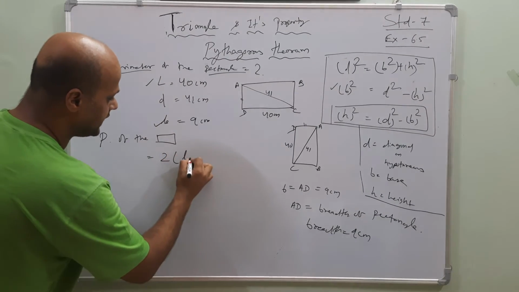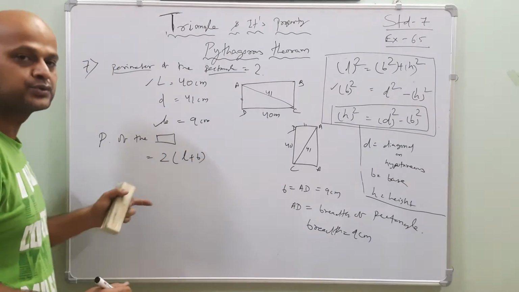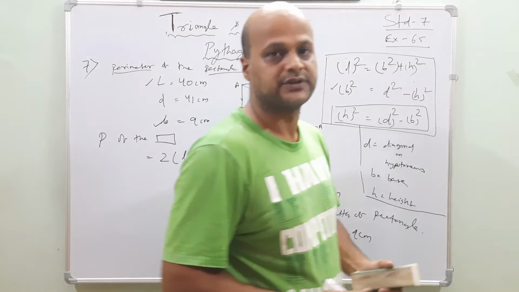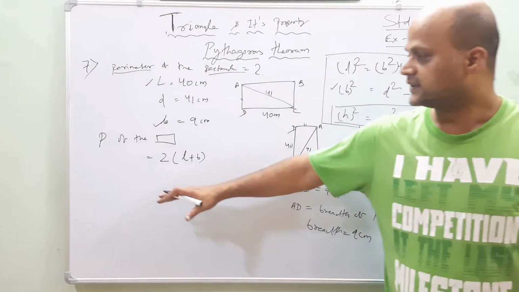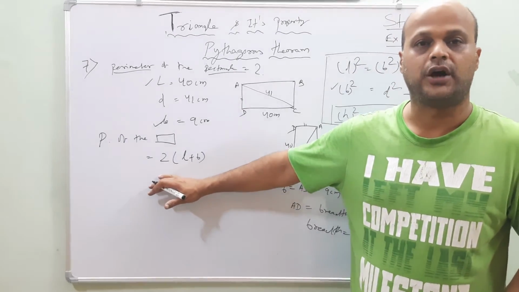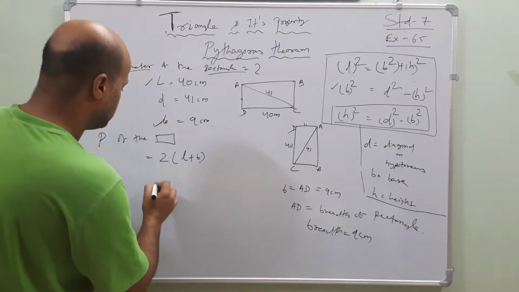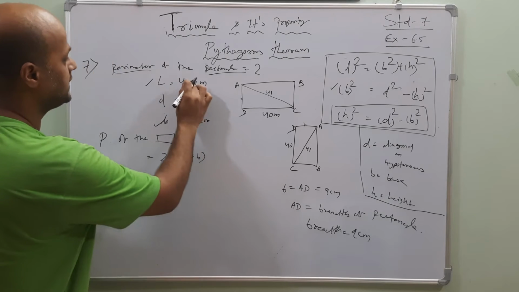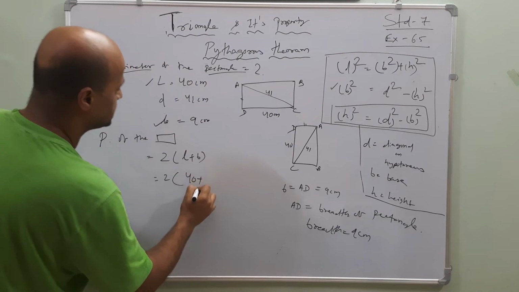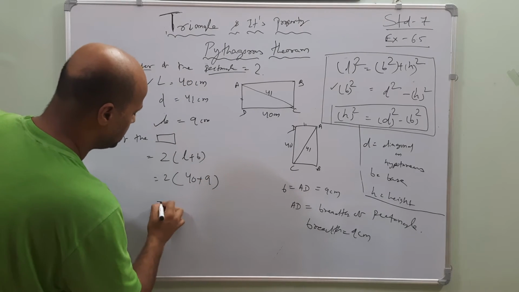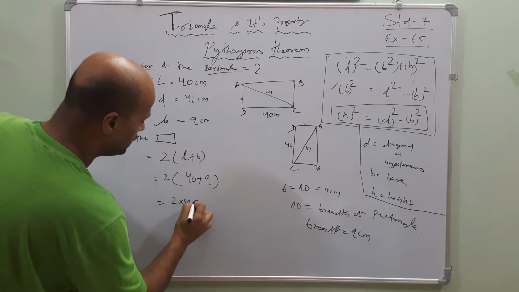Perimeter is equal to what? 2 into length plus breadth. You will be studying this in your mensuration chapters. So this is the perimeter of the rectangle formula. 2 into length plus breadth. Now put the values and get the answer. 2 into what is the length? 40 plus what is the breadth? 9. How much? 2 into 49.